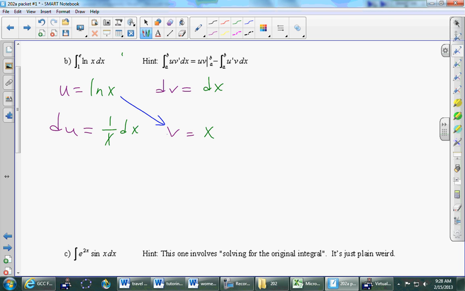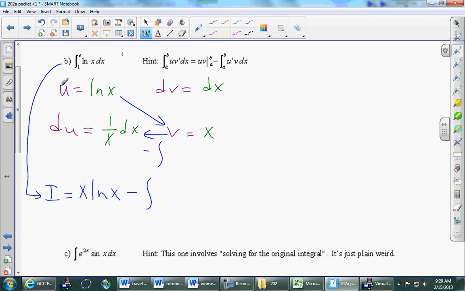And the second one goes back to the left, minus an integral. All right, so let's put it here. The original integral equals, so just following our arrows, u times v, ln of x times x. All right, I'm going to put the x in the front just so it doesn't look like it's in the ln.